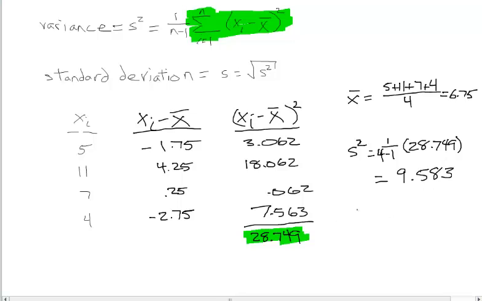And then in order to find s, or the standard deviation, we're going to take the square root of s squared. So the square root of 9.583, which is equal to 3.096. And that's all for variance and standard deviation.